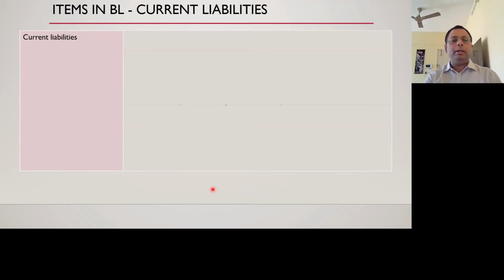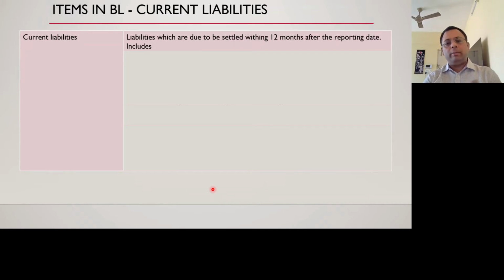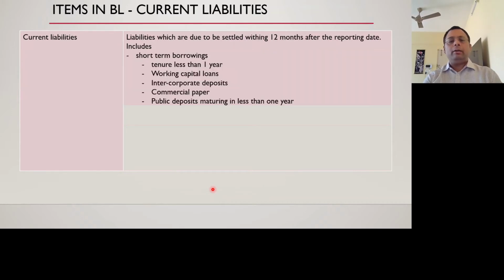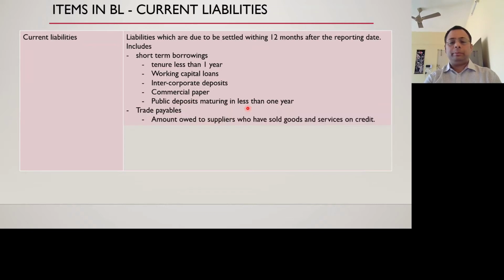Then current liabilities. What it talks about is liabilities which are to be settled within 12 months after the reporting date. And what does it include? It includes short-term borrowings which have a tenure of less than 1 year, then working capital loans, intercorporate deposits, commercial paper, public deposits maturing in less than 1 year. Then trade payables, the amount owed to suppliers who have sold goods and services on credit.